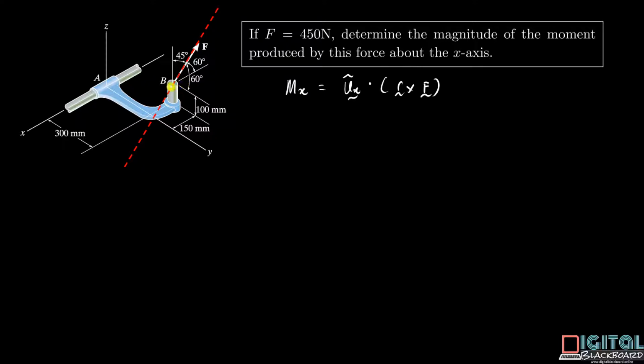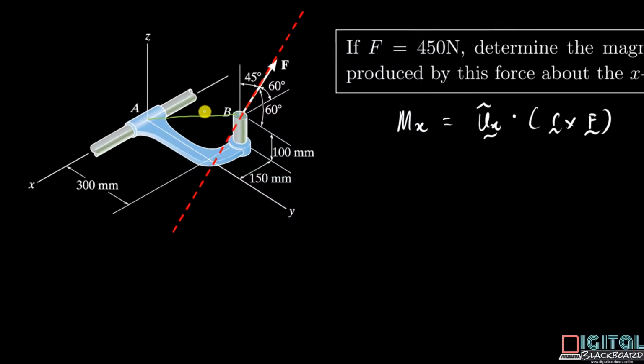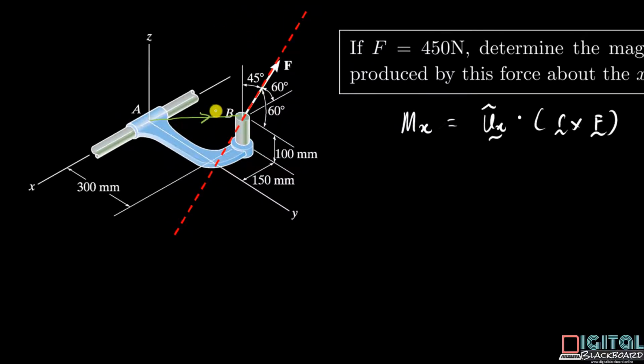So for simplicity, we will choose the vector pointing from point A to point B as our r vector. So our r vector points from A to B. This is our r, AB.